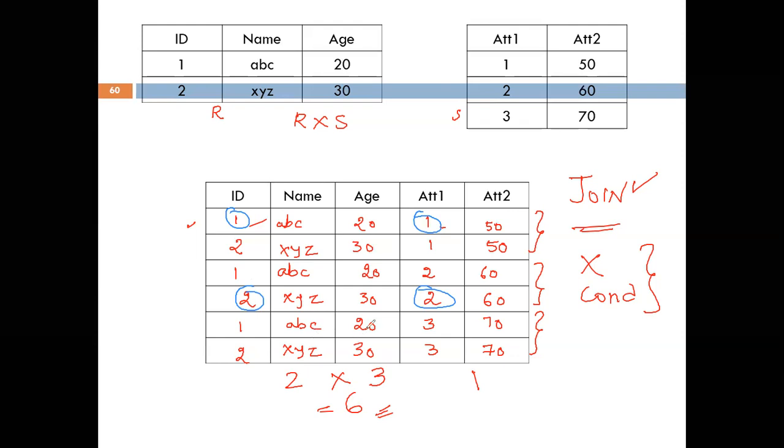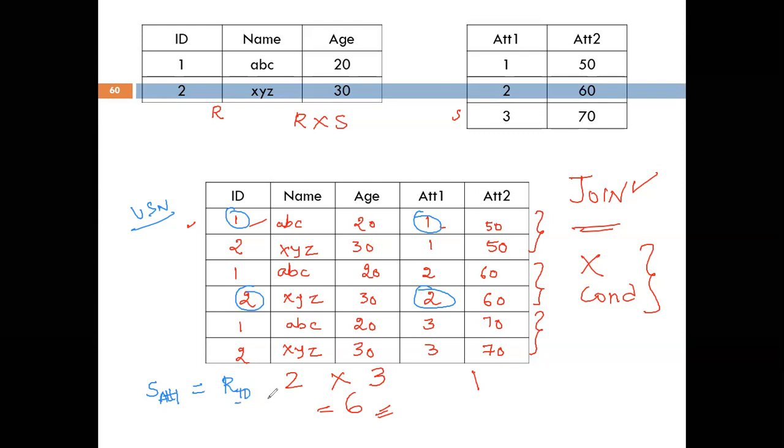Suppose this ID happens to be a USN, then combining a particular USN with the attributes of another USN will be meaningless. So here what we can do is, our join condition may be like this, that is S of ATT1 is equal to R of ID.